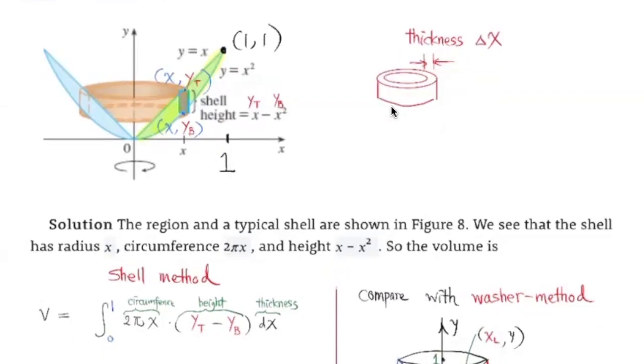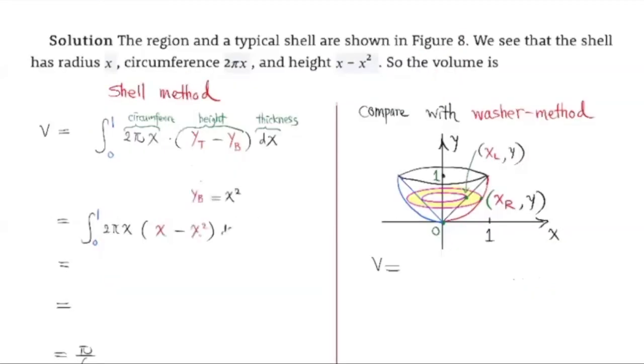Now let's evaluate this integral. Because this is an integral with respect to x, let's express this in terms of x. The y coordinate on top: y is equal to x, so that's x. What about the y at the bottom? Y is equal to x squared.